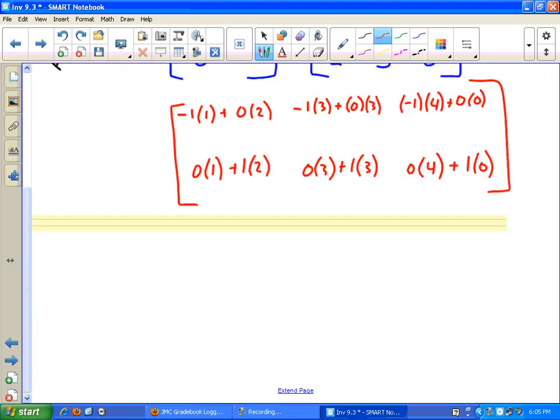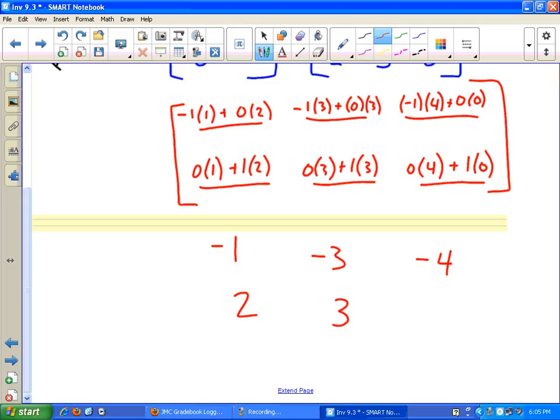Come down here a little bit more and start doing the multiplication. Up here you get -1. Here you get -3. Here we get -4. Here we get 2. Here we get 3. Here we get 0.